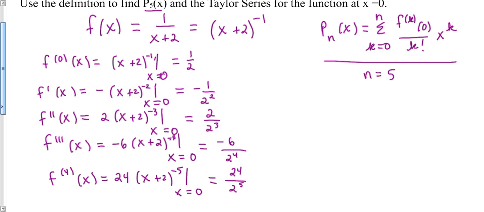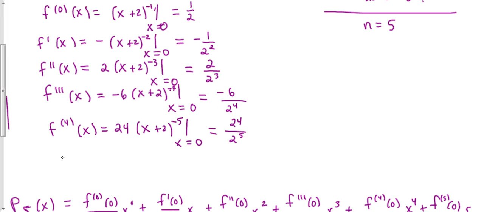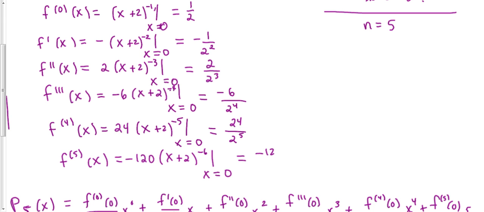And we have one more derivative to go here. So my fifth order derivative of x is going to be equal to negative 120. I'm going to bring that negative 5 down, multiply it by the 24. I'm going to have x plus 2 to the negative 6. Again, evaluate that at x equals 0. And that's going to give me negative 120 over 2 to the 6th.